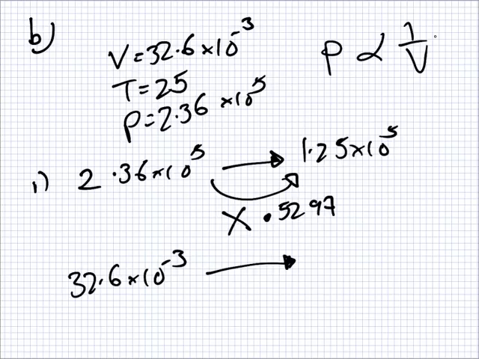Bigger. By how much? By dividing by this amount. We're doing the second part now? No, B part 1, yeah. So it's now 61.5 times 10 to the 5 pascals. Meters cubed.